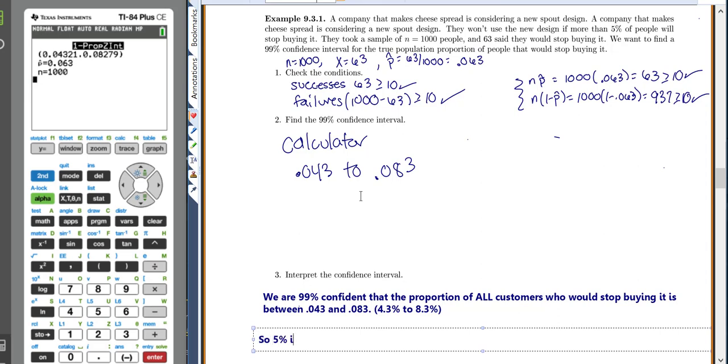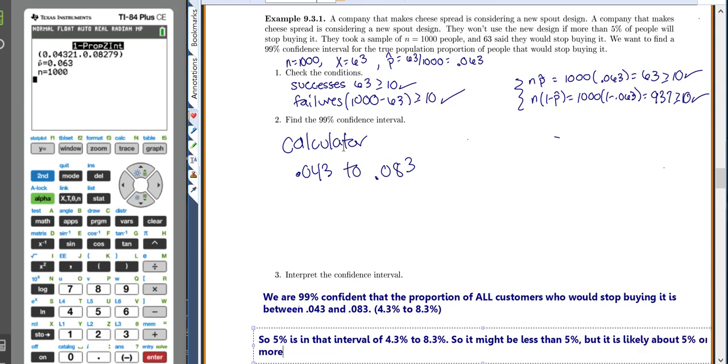So 5% is in that interval of 4.3% to 8.3%. So it might be less than 5%, but it is likely about 5% or more. So they might not want to switch.